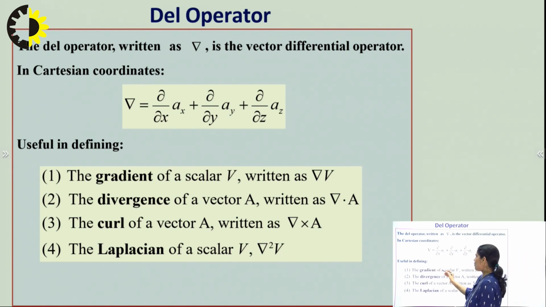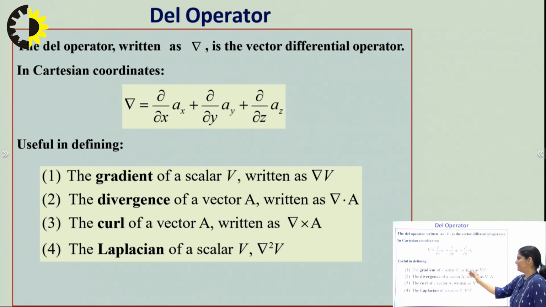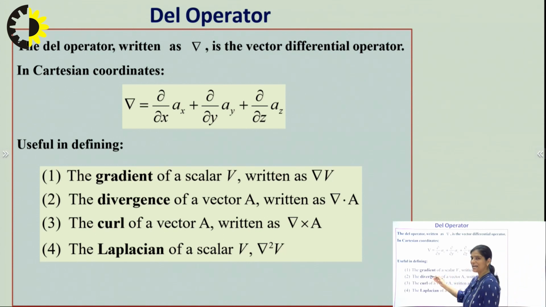Now gradient of a scalar V is represented as del V. If you want to write divergence of vector A, you can write it like this, del dot A. Curl of vector A is represented as del cross A. Laplacian of scalar V is represented as del square V.